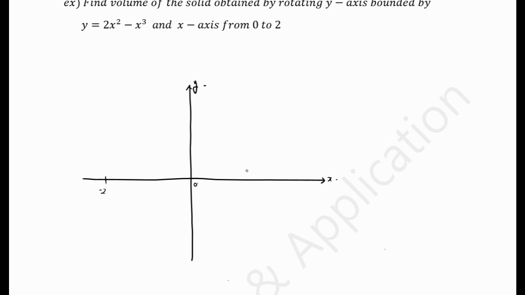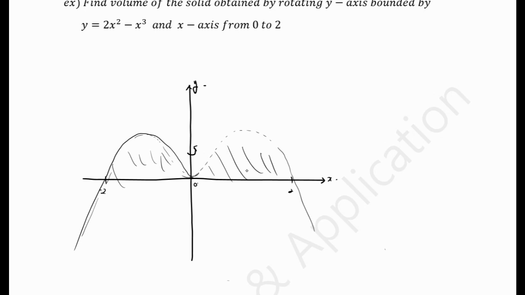This is minus 2 and 2. Like this, and this region is divided by the y-axis. So we can use a cylindrical shell. This is a cylindrical shell, and this length is f(x), this length is x, and this length is dx.